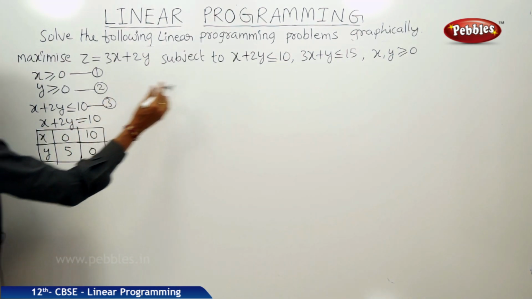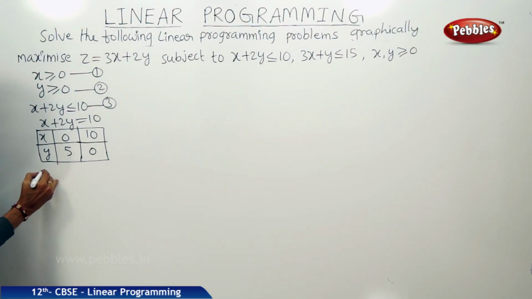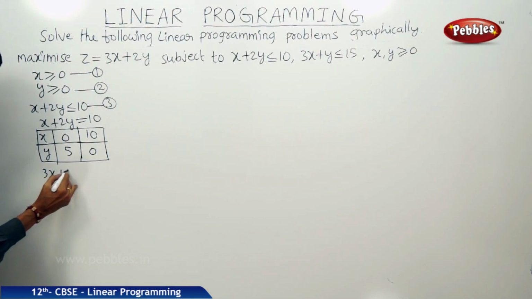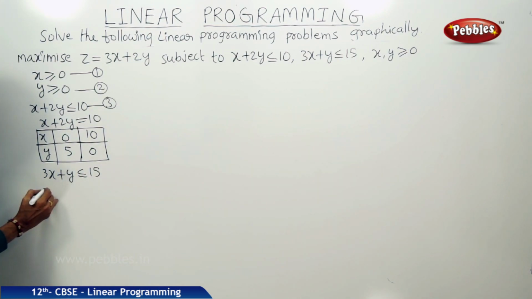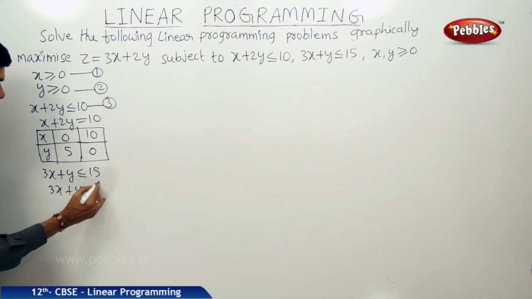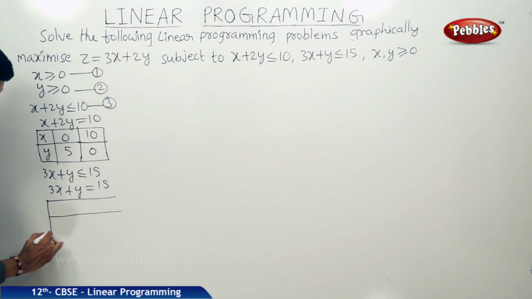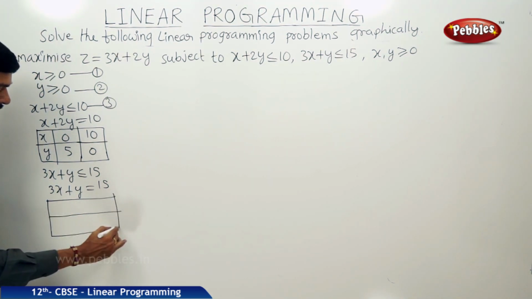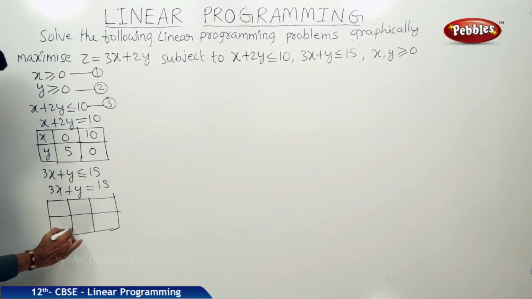Now let us take the fourth inequation, 3x plus y less than or equal to 15. Now the equation 3x plus y equal to 15. So we will draw the table of ordered pairs representing 3x plus y equal to 15.